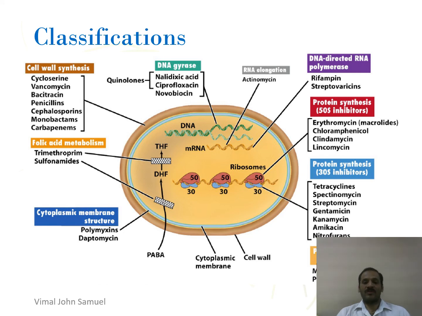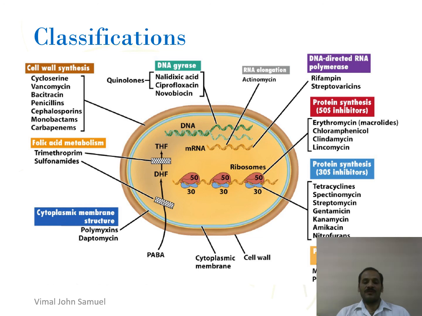For example, this is used in antitubercular drugs like rifampin. The common antibiotics are protein synthesis inhibitors, which act on two different subunits of the ribosomes, the 30S and 50S subunits.